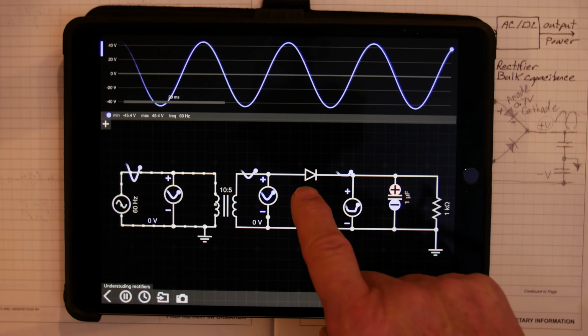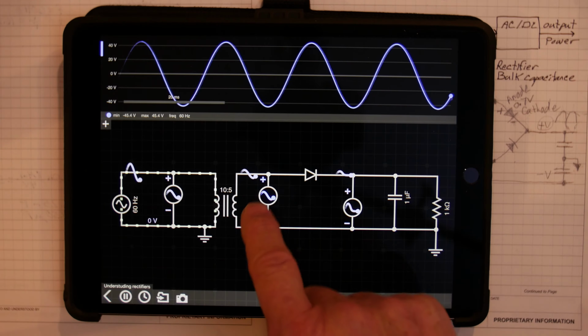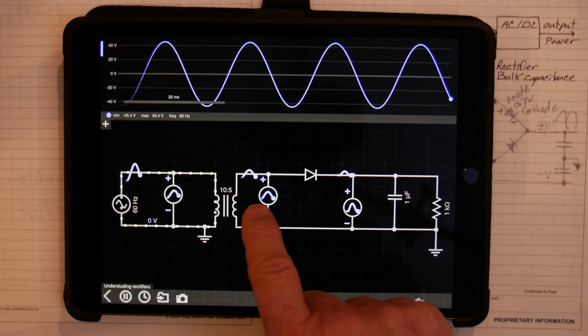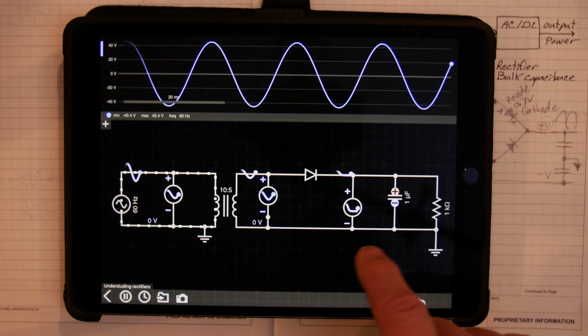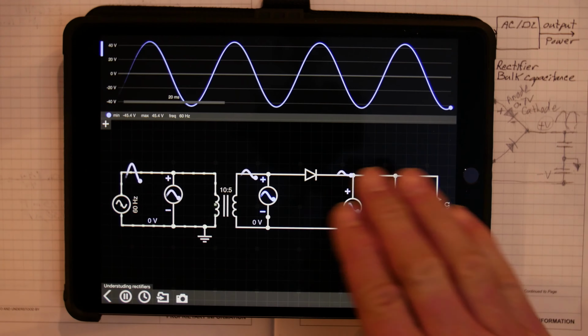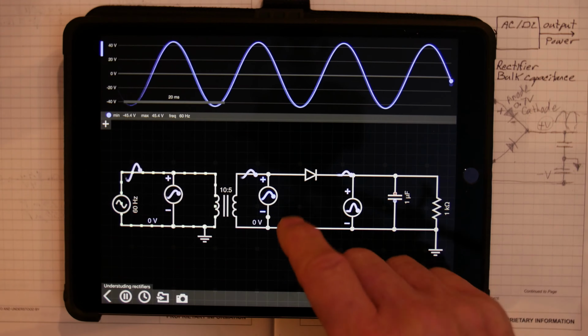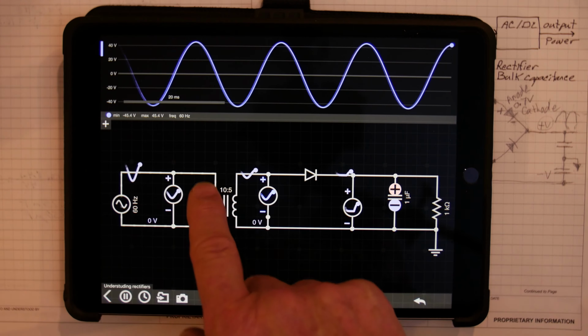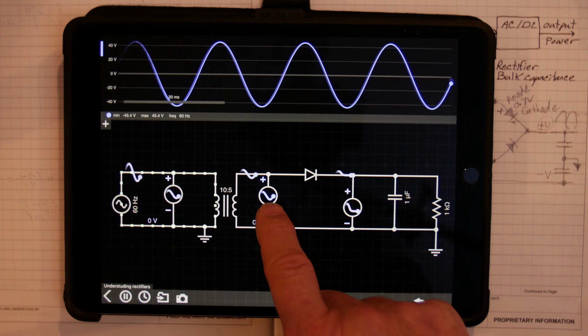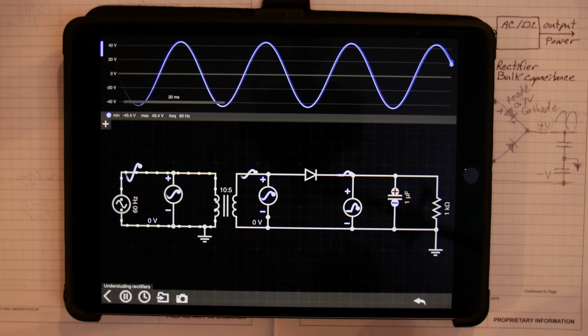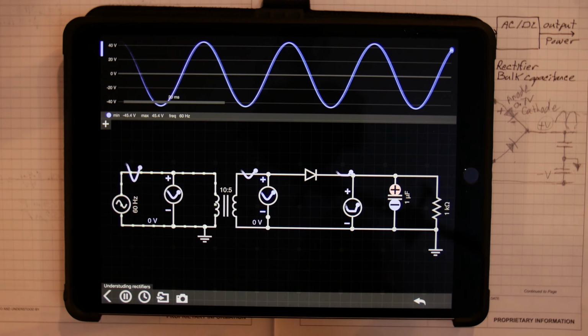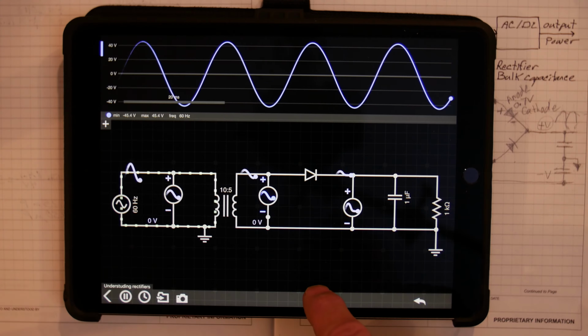So we're going to see some voltage drop across the diode, but right here we're still on this side of the transformer where before we had 49.9. Well, with the capacitor and the resistive load, we're changing our load scheme a little bit. So now we've got a little bit of voltage drop through the transformer and we're getting 45.4 volts. Okay, that's just a simulation model of this transformer is all that is.